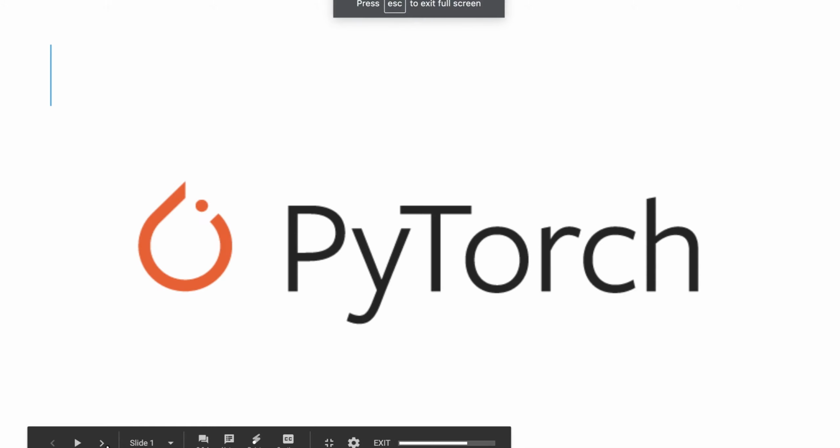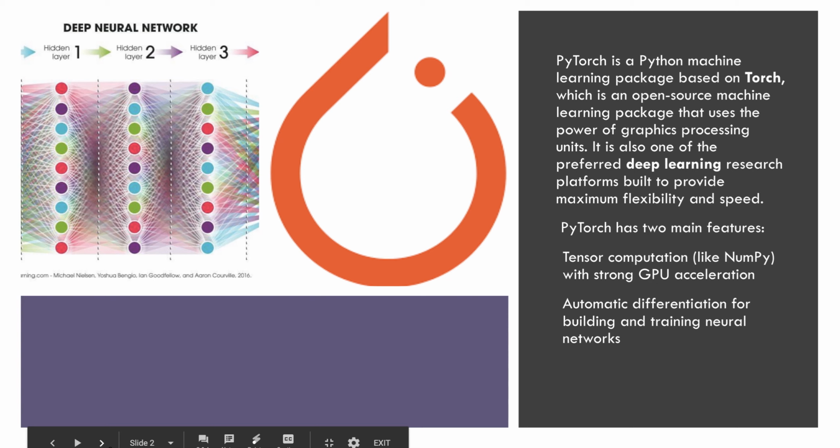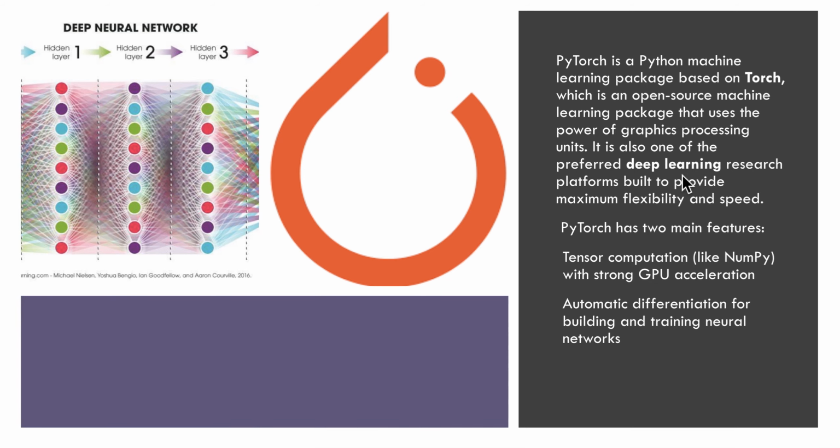So this is PyTorch and this is the logo of PyTorch. Maybe you've encountered this before. Now, PyTorch is a Python machine learning based package, and obviously this is a Python centric course, and by now you must have installed Python and you must have Anaconda, and you must have the Jupyter notebooks running on your system.